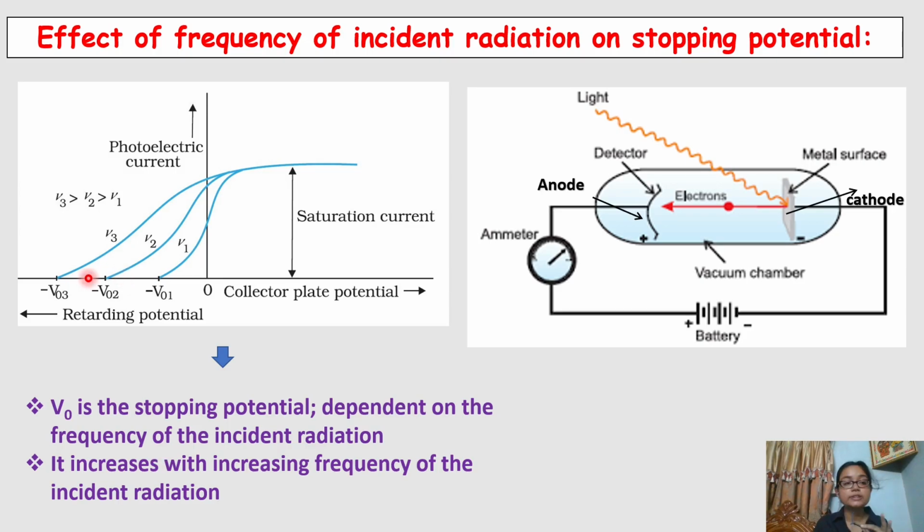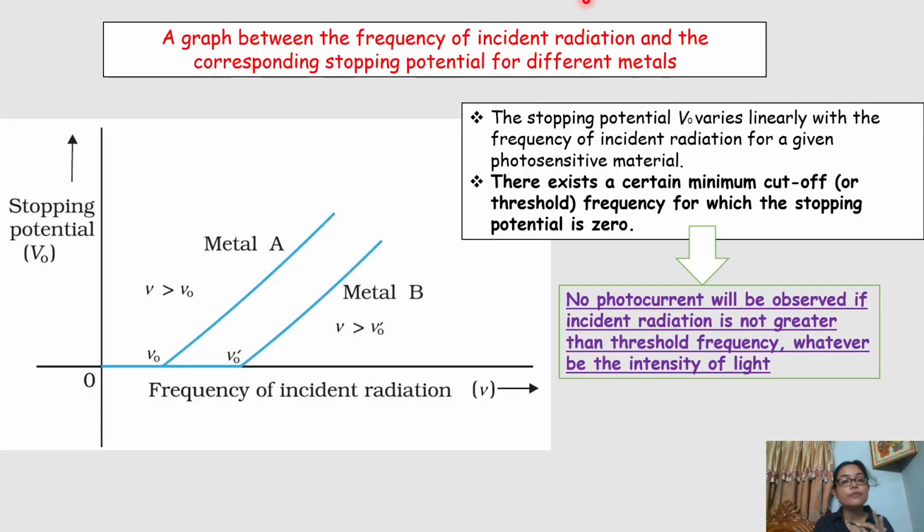And if I plot a graph between the frequency of the incident radiation and the corresponding stopping potential for different metals, then we observe linear graphs, and all those linear graphs have the same slope, but the intercept on the positive x-axis will be different.